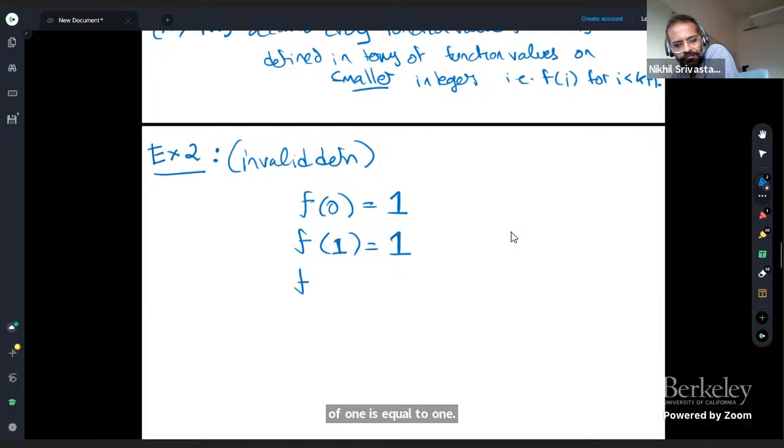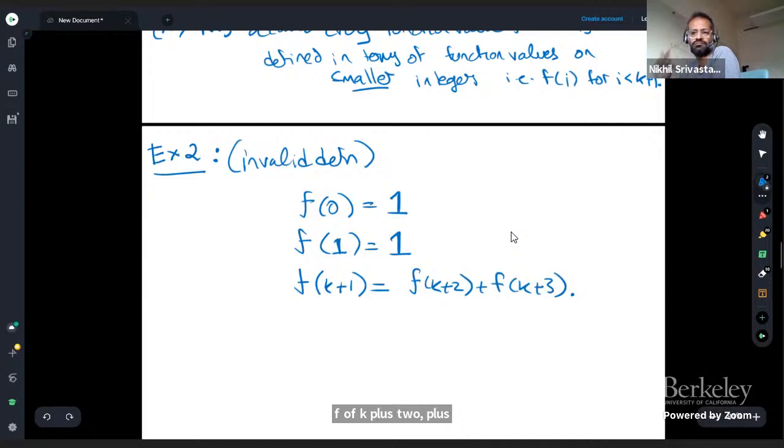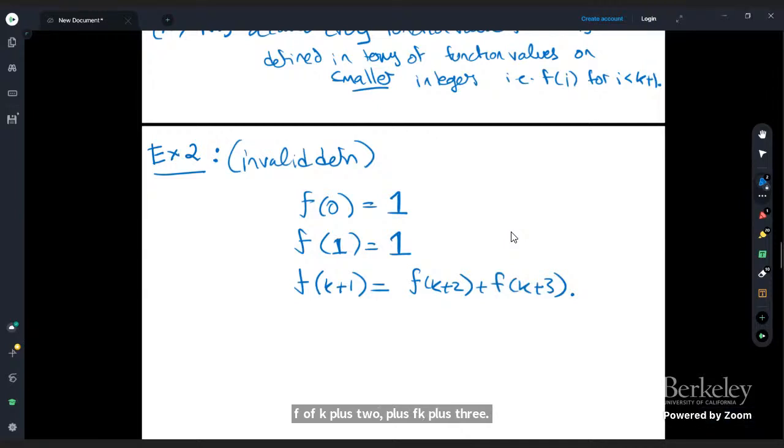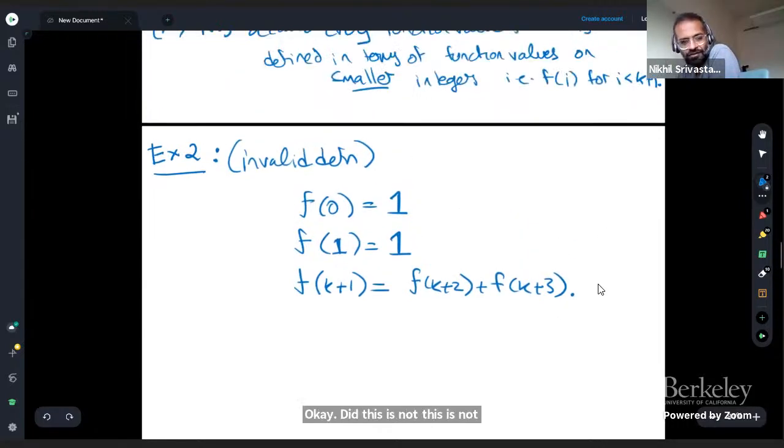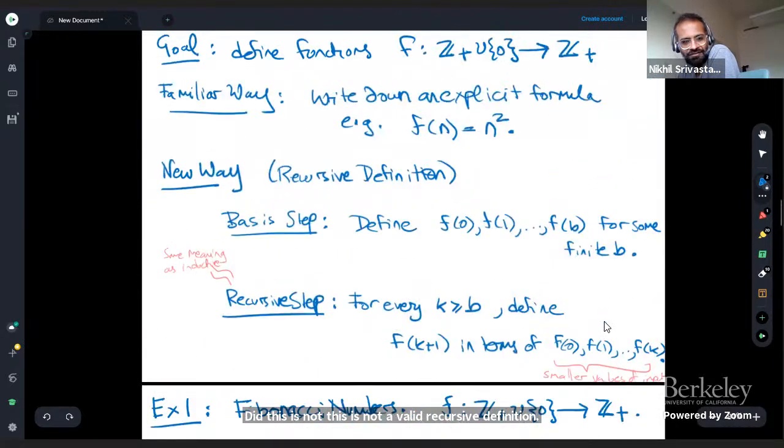And f of k plus 1 is equal to, I don't know, f of k plus 2 plus f of k plus 3. Now this is not a valid recursive definition. Why is that? What property fails?